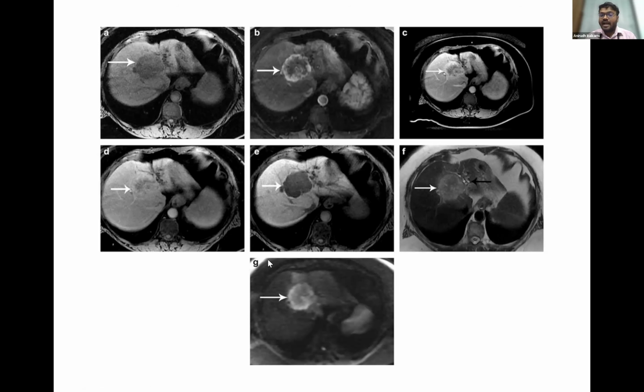And it is showing peripheral diffusion restriction. Can you tell what is the LI-RADS category? Peripheral enhancement with filling in the delayed phase, central enhancement in the delayed phase, and peripheral diffusion restriction.